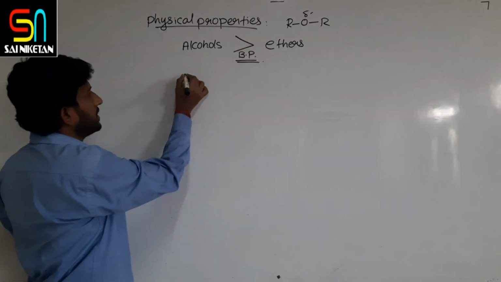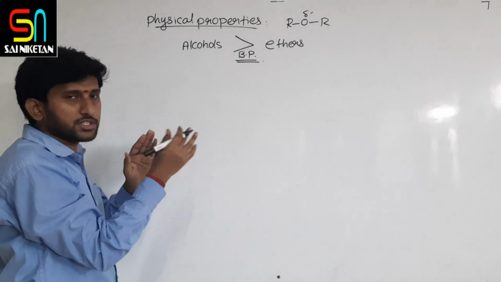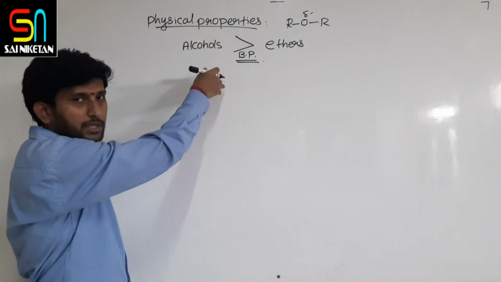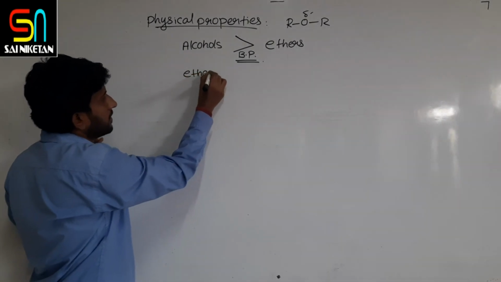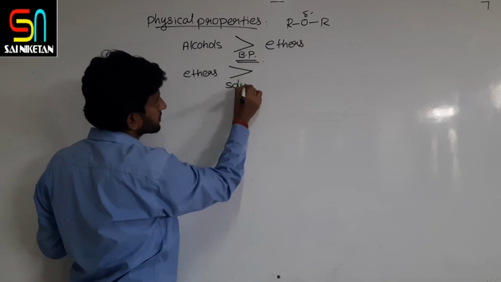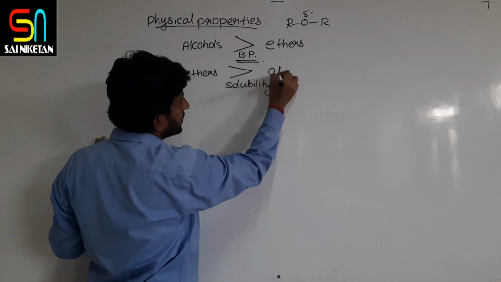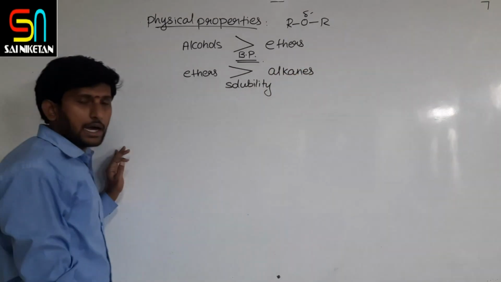And coming to the miscibility, alcohols and ethers are almost equally soluble in water. But ethers have more solubility compared to their respective alkanes.